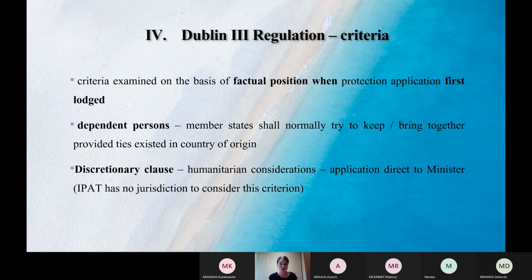And the final special criterion is the discretionary clause. That's Article 17. There was a lot of litigation concerning this clause in recent years.